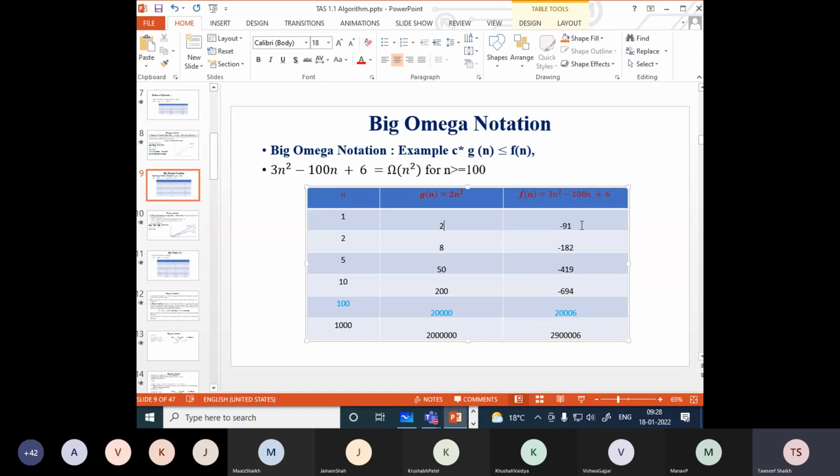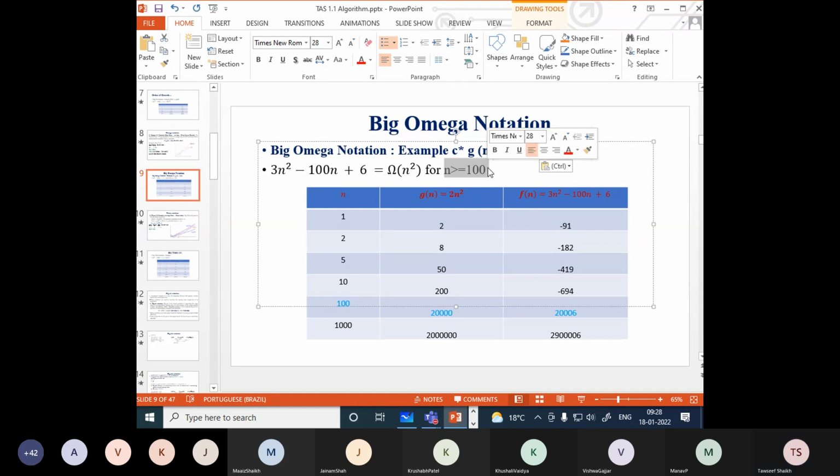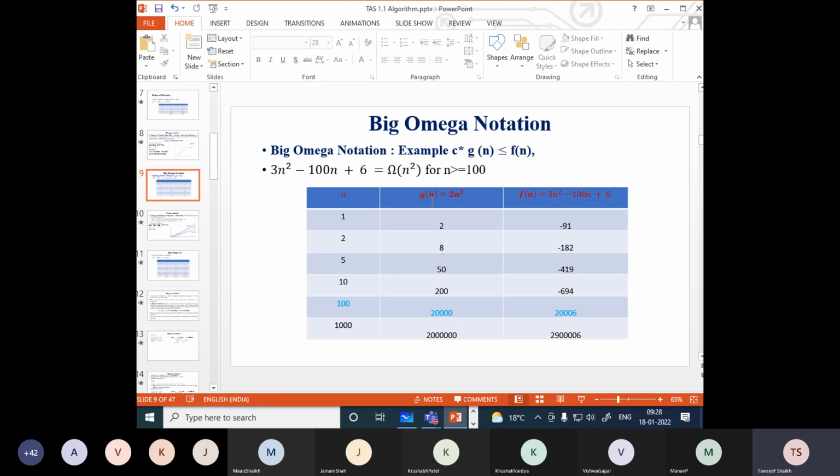But this is not less than. So we have to apply this condition also. For what value will this be omega of n? For c equal to 2, when we put n is equal to 1, the condition is not satisfied.